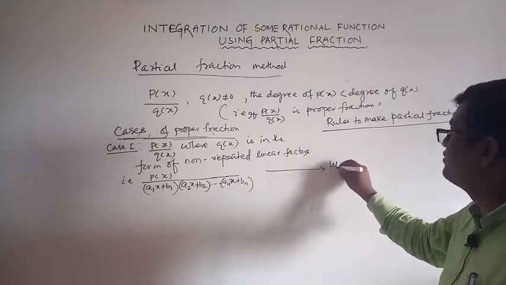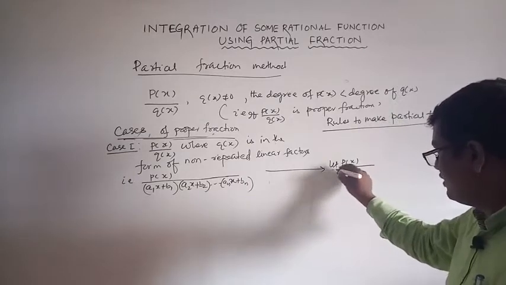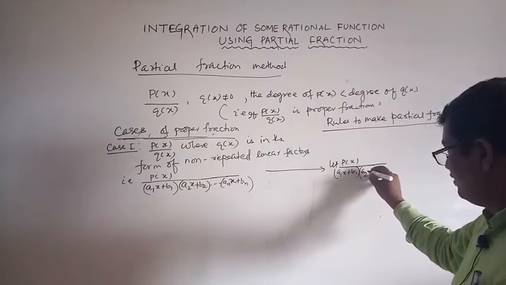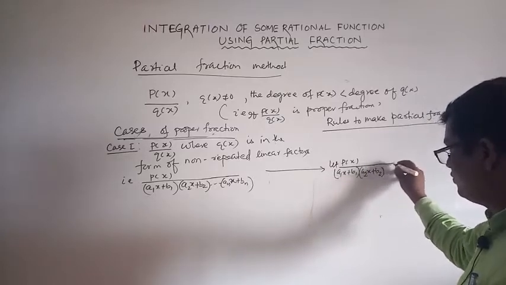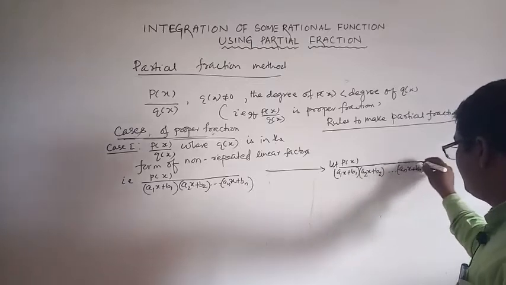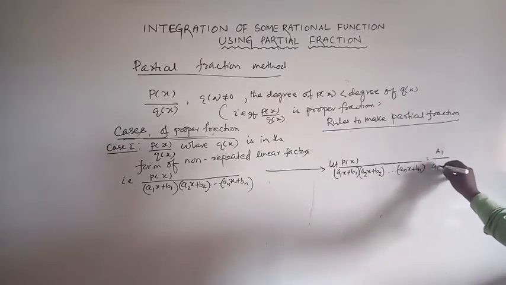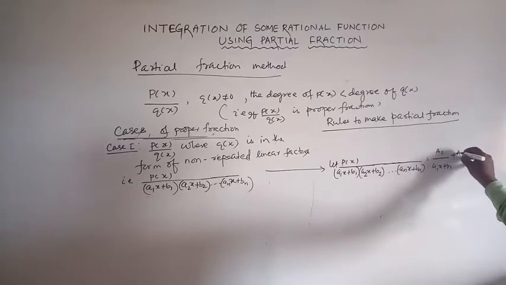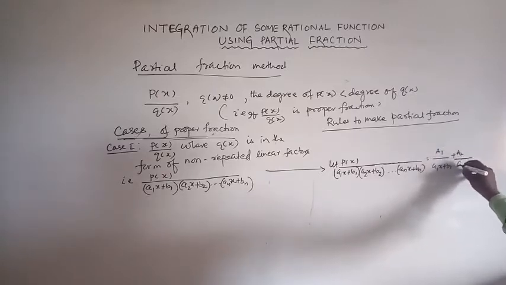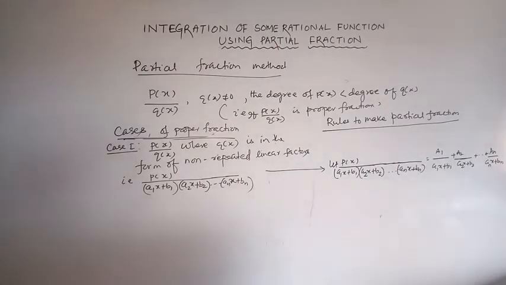Let p(x) by this factor (a1x plus b1), (a2x plus b2), dot dot (anx plus bn) be equal to A1 by (a1x plus b1), A2 by (a2x plus b2), dot dot up to An by (anx plus bn). Okay.